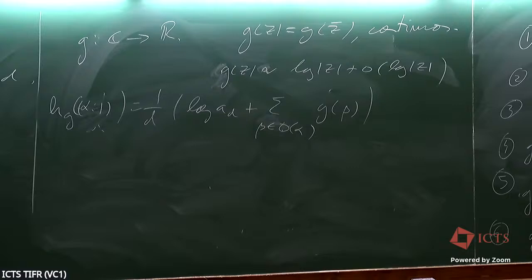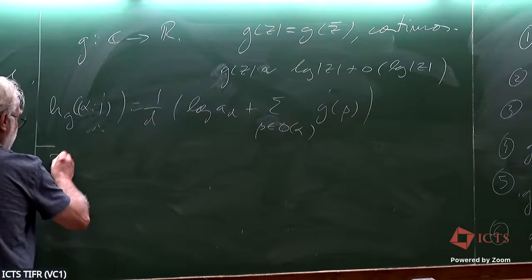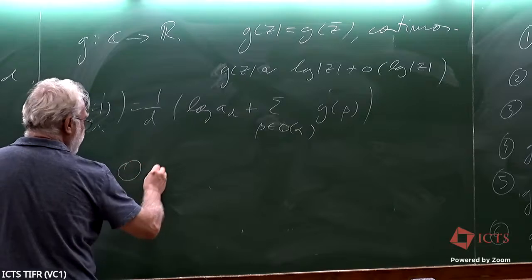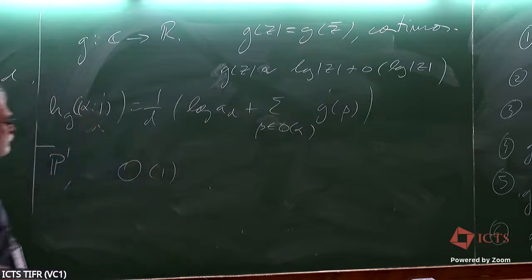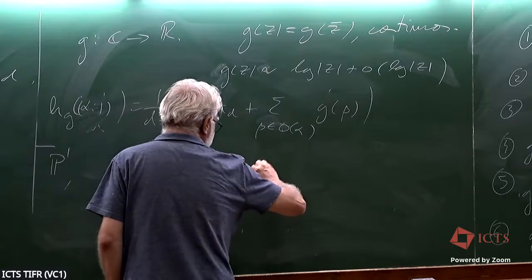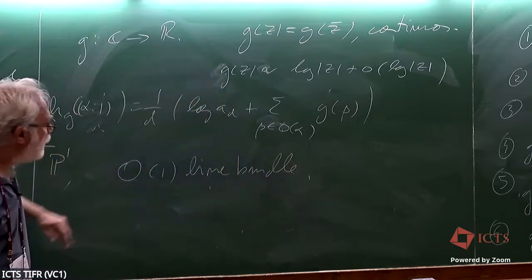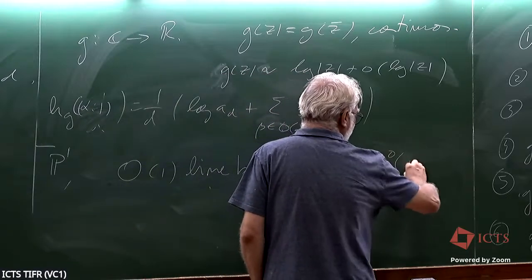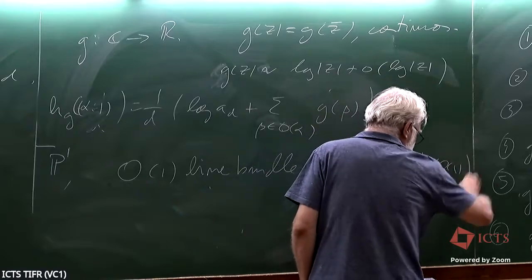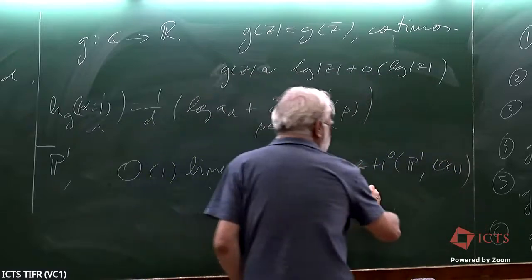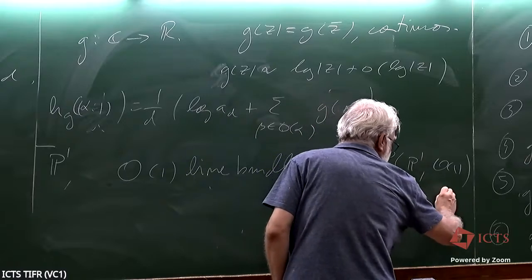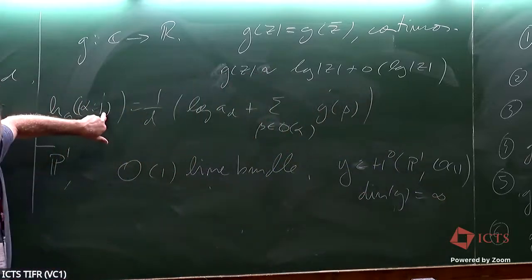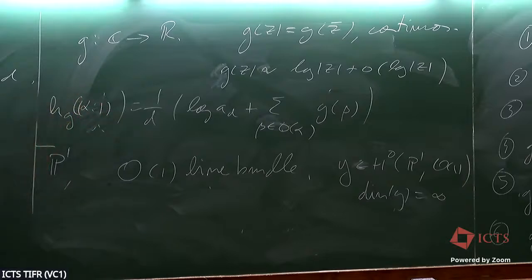and then we are asking what is the essential minimum of this height. But in fact, the right way to think of this is that what I have is P1. On P1, I have the line bundle O of 1. In this line bundle, I have the section Y. It's a section in H0 of P1, O of 1, which satisfies that the divisor of the section Y is just the point at infinity, because it's the point where this will be 0.